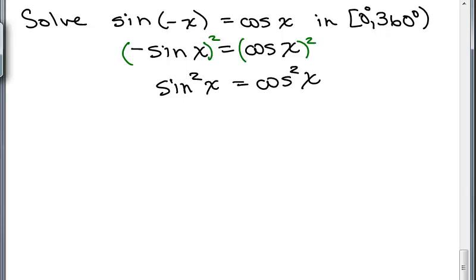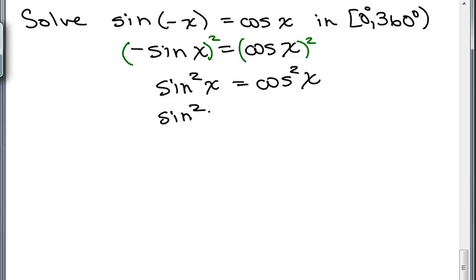Now, once we're to this place, there's actually a lot of different things that you can do. But one thing I'm noticing is it'd be nice if we had everything in terms of either sine or cosine. Anytime you have a sine squared x, you could write it as 1 minus cosine squared x. Similarly, anytime you have cosine squared x, you could write it as 1 minus sine squared x. I'm going to try that strategy here.